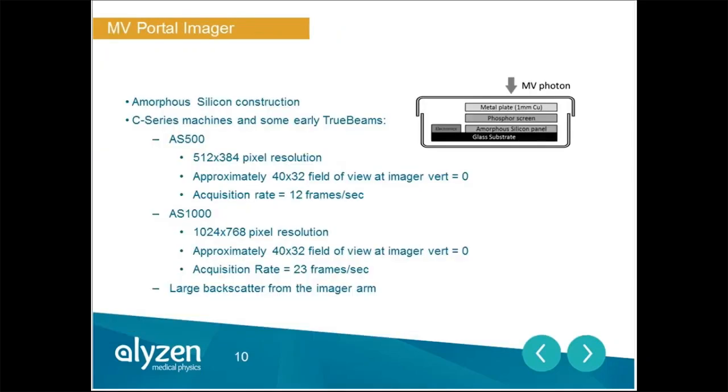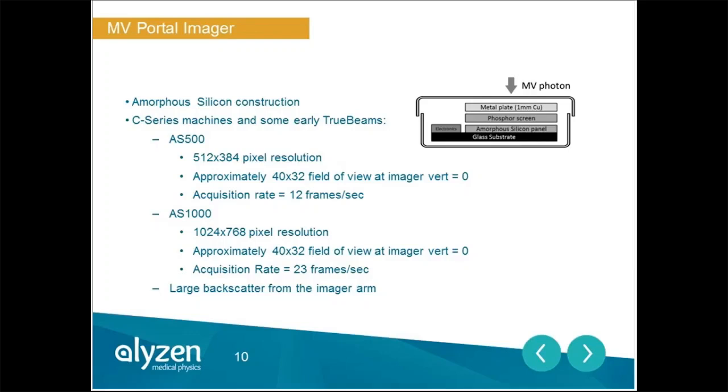I'm going to talk quickly about the portal imager itself. As all of you, I'm sure, know, this is an amorphous silicon construction. To the right there, you're seeing just a very schematic view of what that's going to look like. It's not really the point of this, but let's talk about some of the options on these machines.